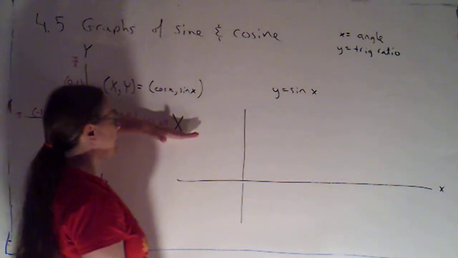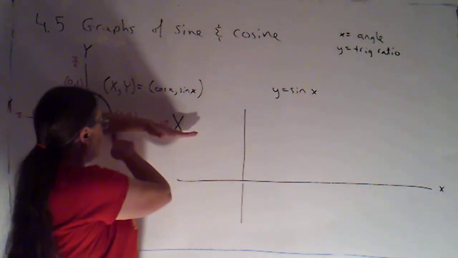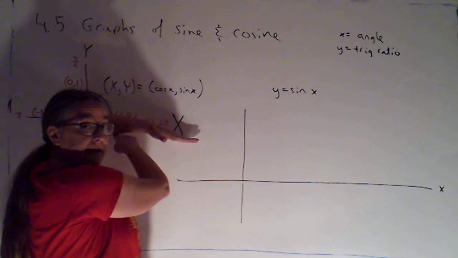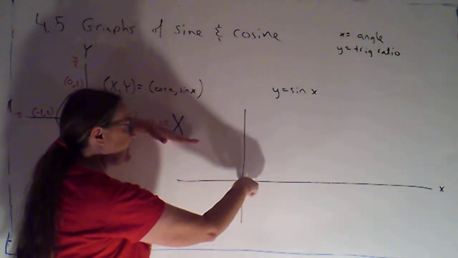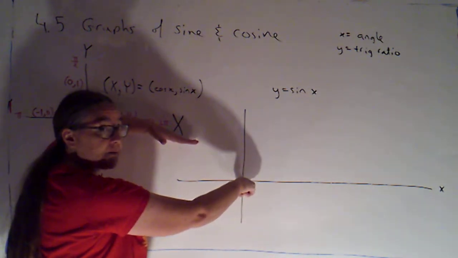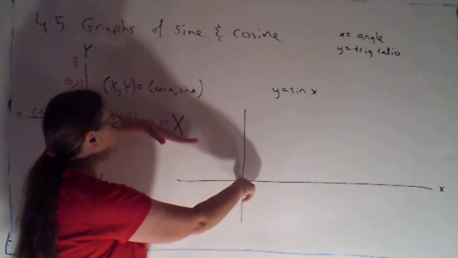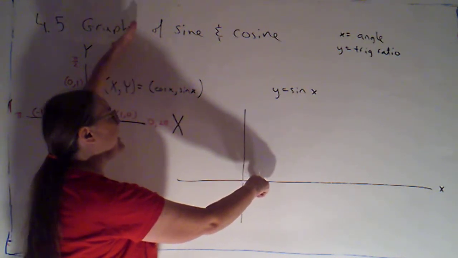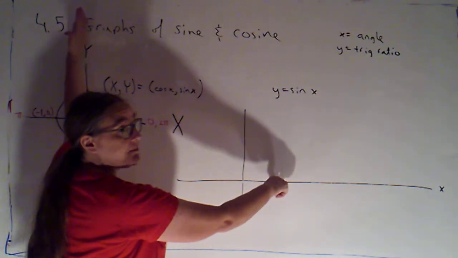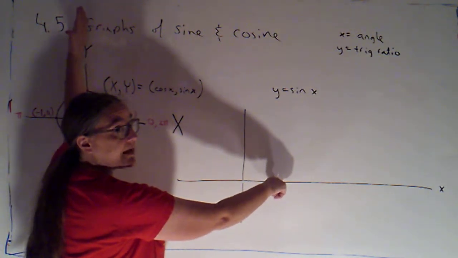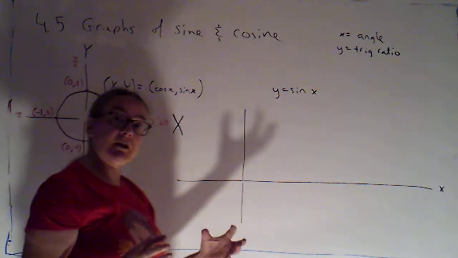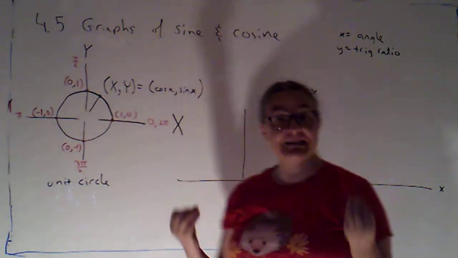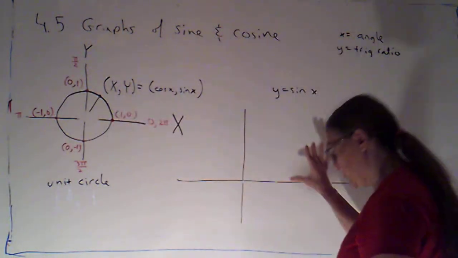If I'm at 0 over here, I'm still on the positive x-axis because I haven't rotated away from it. I would be at 0 on the x-axis here. As my angle increases, over here on the left, I'm going to be rotating. Over here on the right, I'm going to be moving to the right. Okay. So the angle increasing is just represented differently in these two pictures.